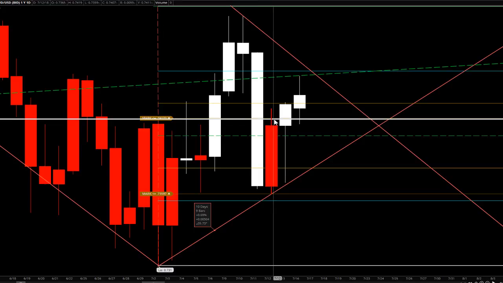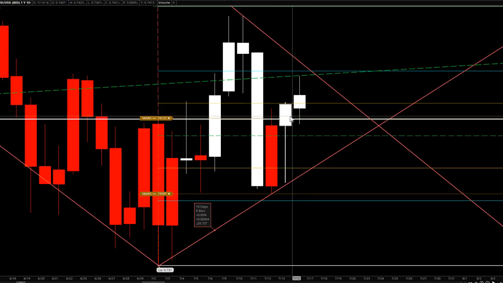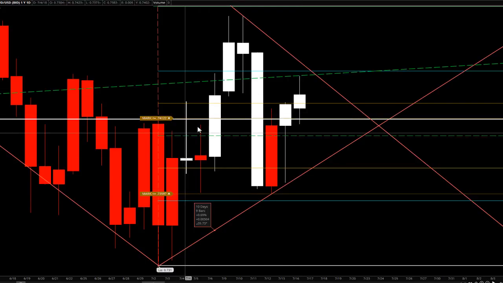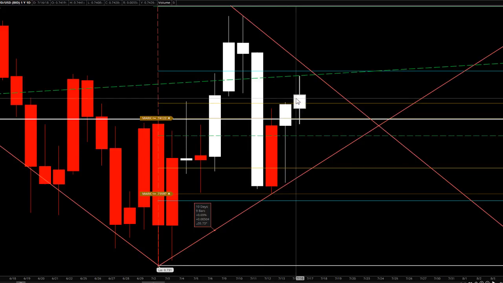So I've been running some models and this is what the model is saying. I'm testing it now in real time. So far, looking at the past, the model has been pretty accurate. So I'm going to tell you what the forecast is for this week, and we'll see how it pans out.